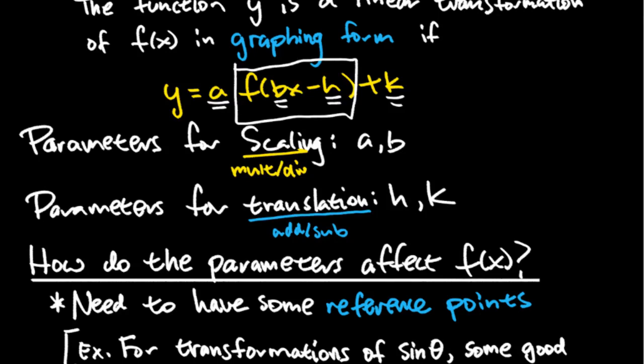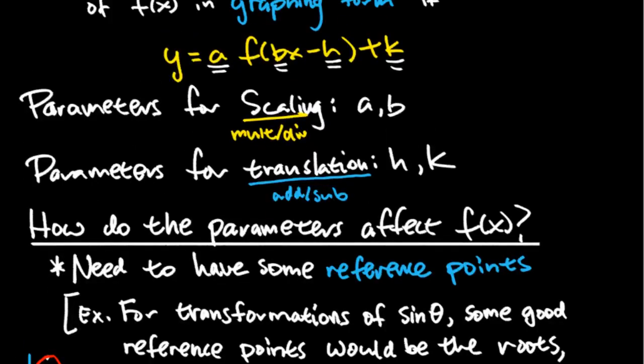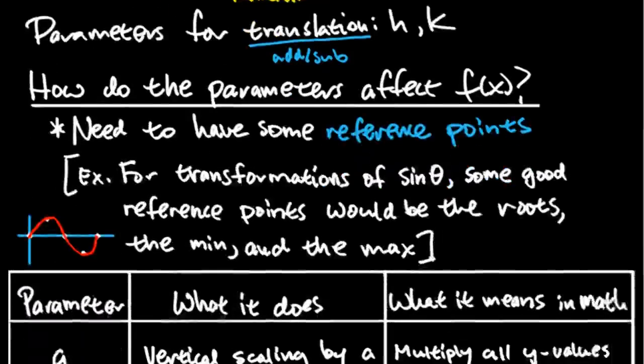That stuff is an output, because the inputs are inside. So A is being multiplied to all the y values, which is literally what you can see happening.